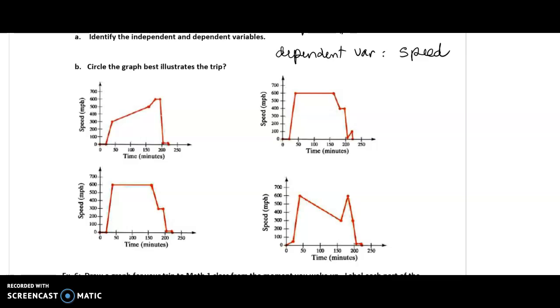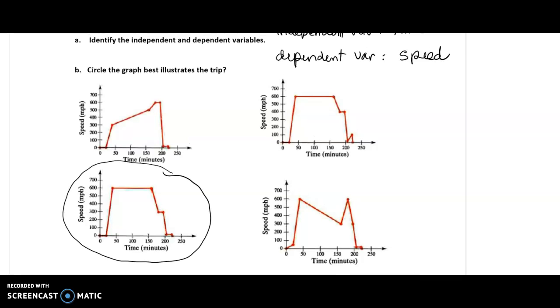Now let's see if you can figure out which of the 4 graphs best matches the situation with the airplane. So of the 4 graphs, you should have chosen the one in the bottom left. Let's see why that one best matches the situation.